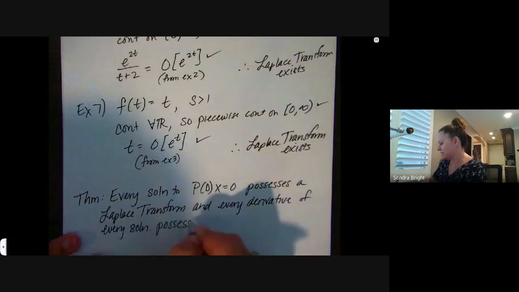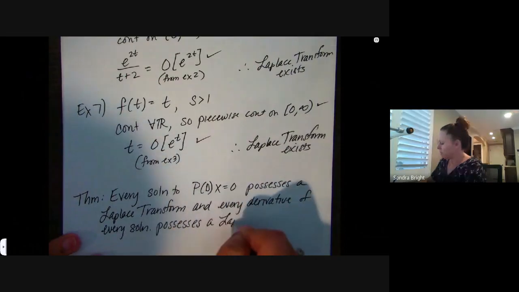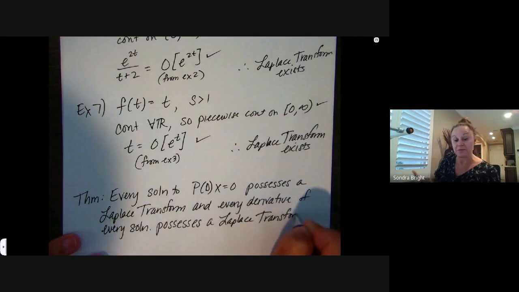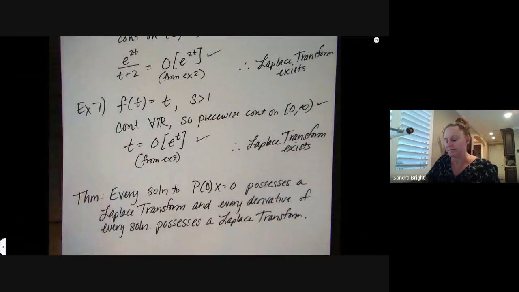There you go. All right, so we're going to end up using this to solve differential equations.